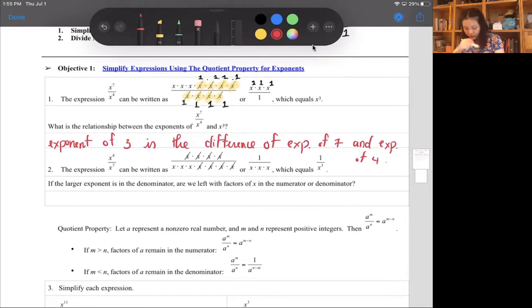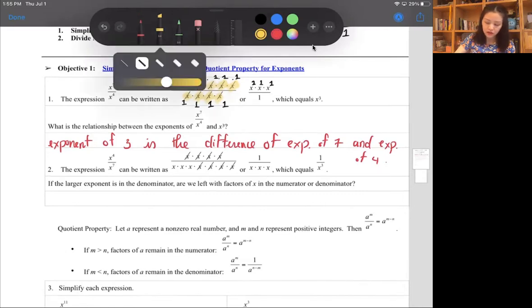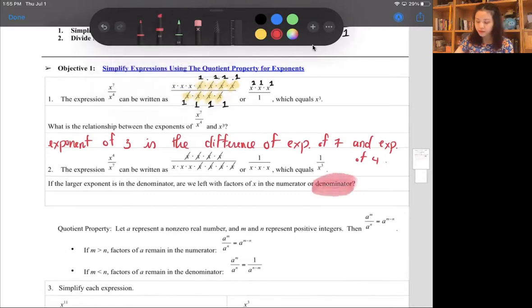So if I have a larger exponent in the denominator, then my factors are left in the denominator. As you can see, x to the 4 divided by x to the 7 gives 1 over x to the third. Why? To avoid negative exponents, you take 7, subtract 4, and because 7 is bigger than 4, the factor is in the denominator.